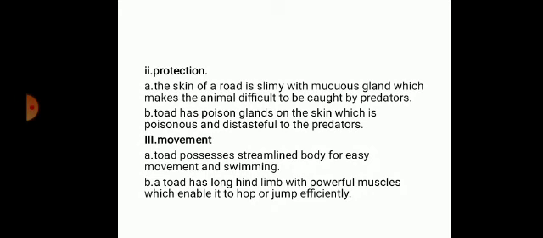B. Toad has poison glands on the skin, which is poisonous and distasteful to the predators. That is how it protects itself, the way it is being structured.